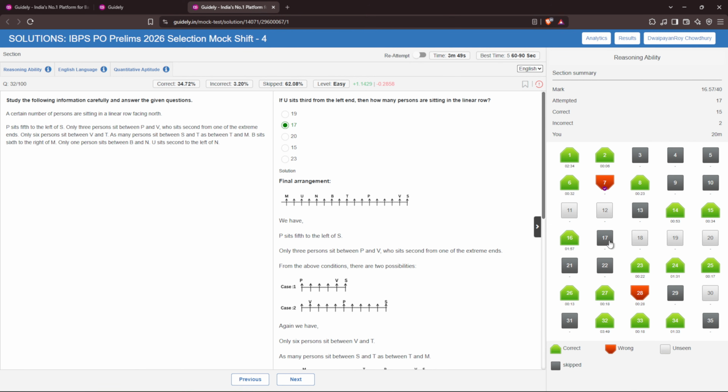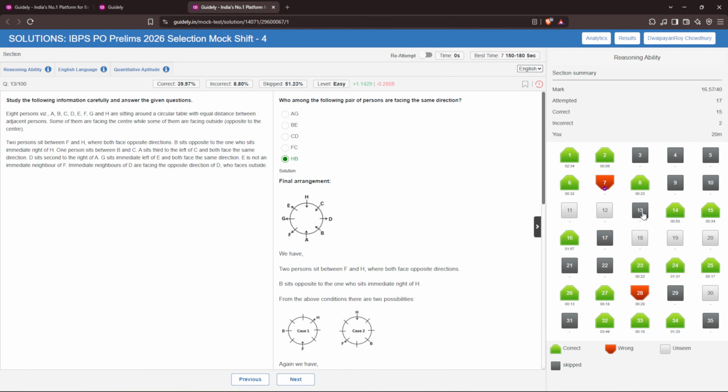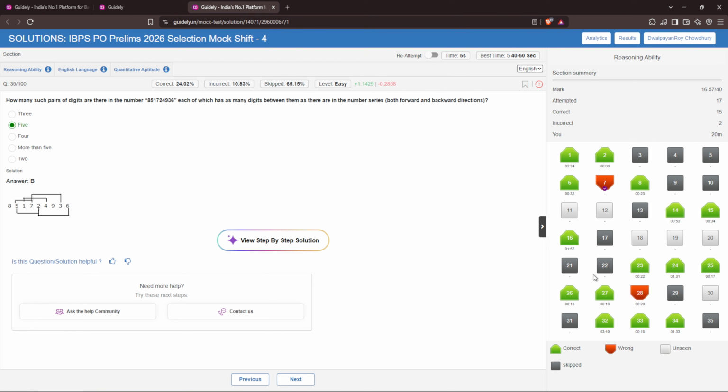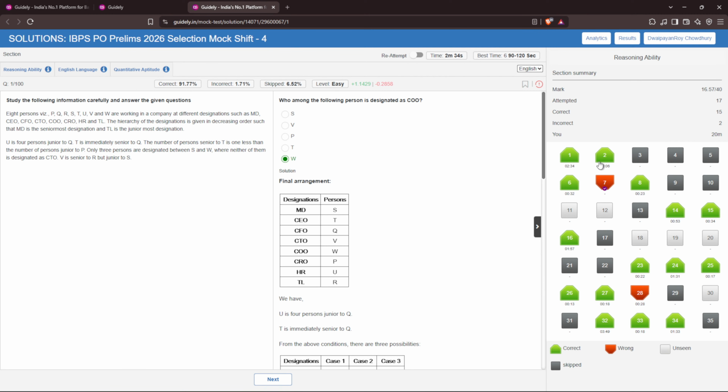But then where did the rest of the time go? I have not attempted any of the other questions, right? It was not like I got stuck somewhere or something like that. But I'm definitely not getting how the time just exhausted. This is 3 minutes, 4 minutes, 5 minutes, 6 minutes, 7 minutes, 10 minutes, 11.